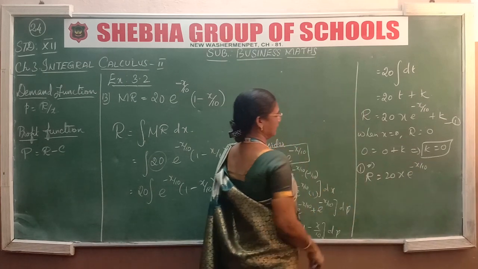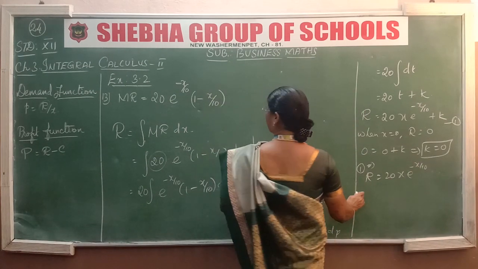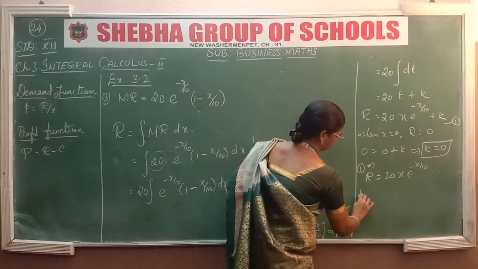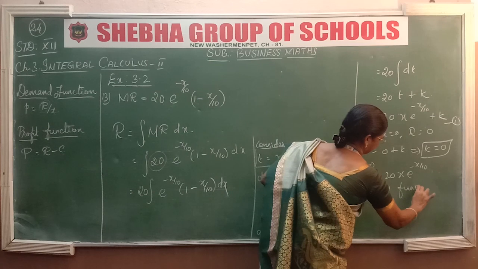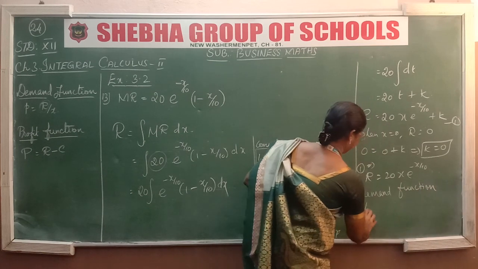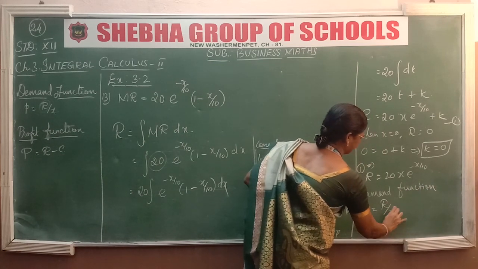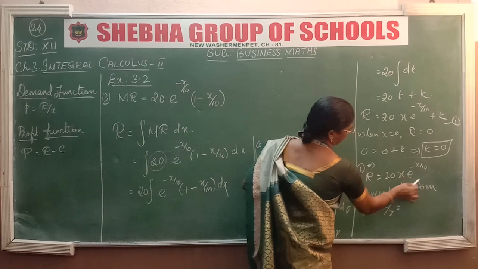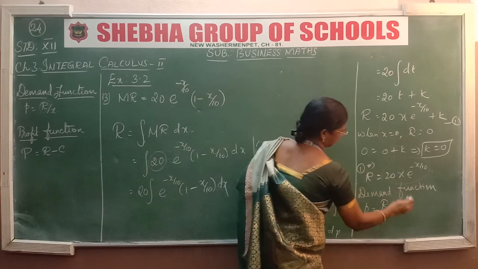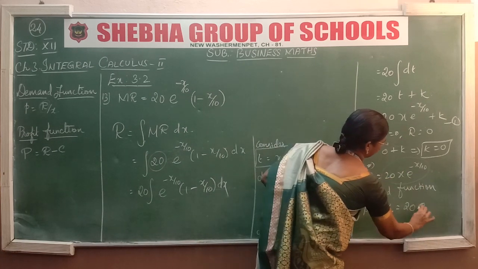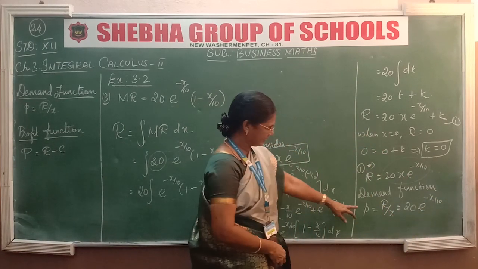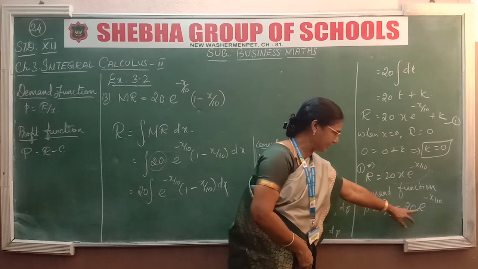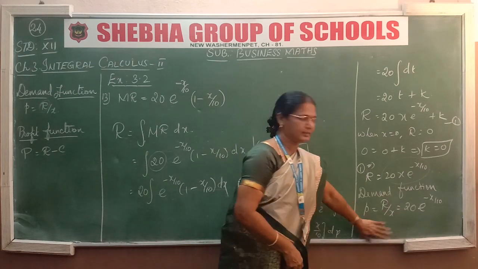This is our R, and now we find the demand function. Demand function is P is equal to R by X. R is this, dividing by X, X gets cancelled, we get demand function equal to 20 into e power minus x by 10. That's all.